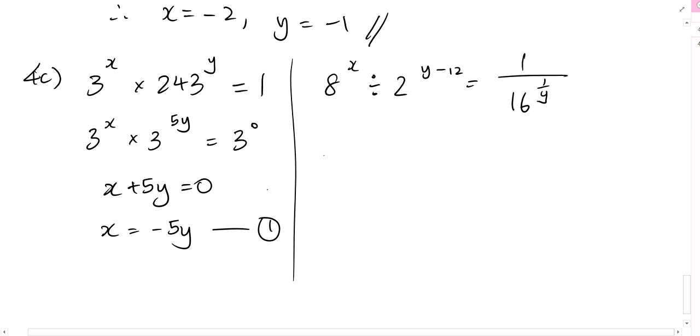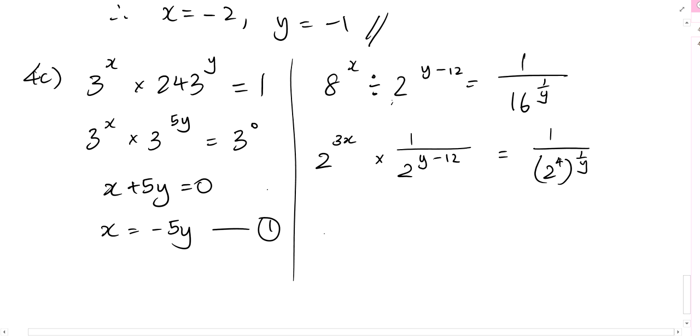Because 8 can be expressed as 2 power 3x. Then divide is actually multiplying by 1 over 2 power y minus 12. Okay, so this equals, 1 over 16 will be 2 power 4. And here we have power 1 over y.